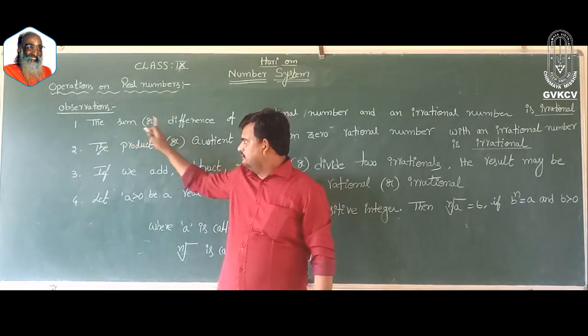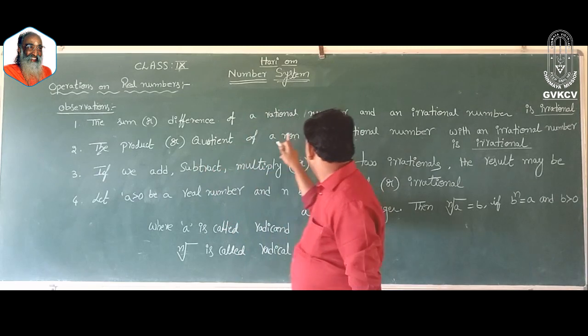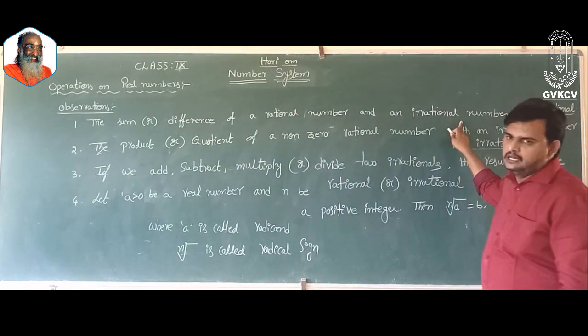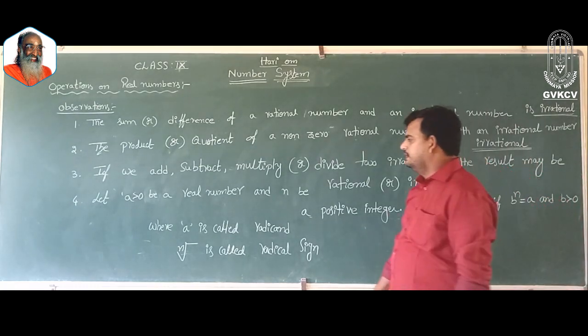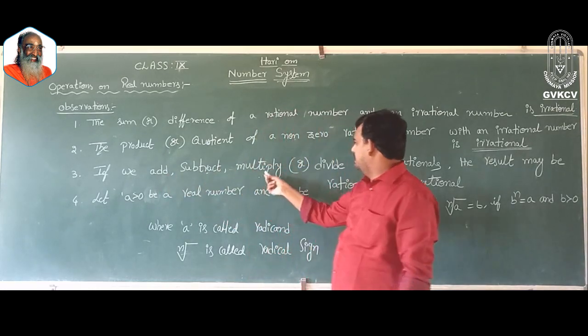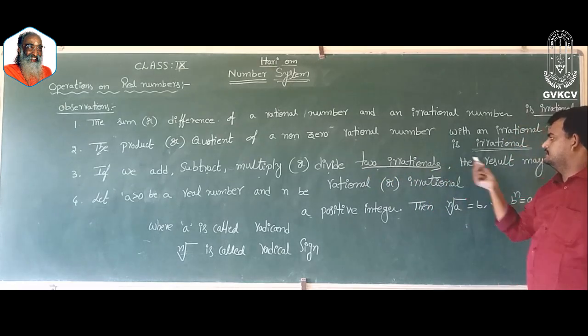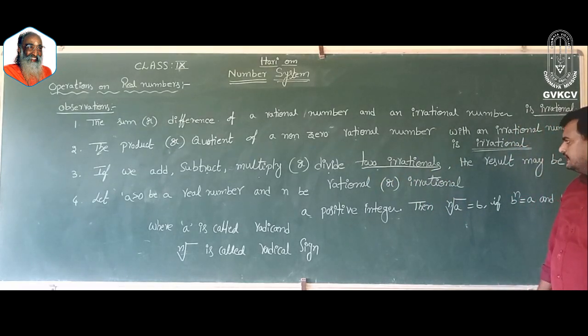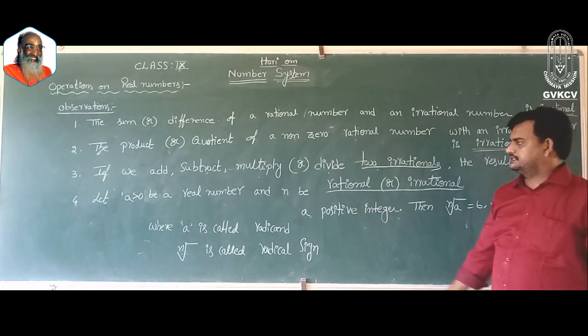While sum or difference or product or quotient between a rational number and an irrational number, our answers are always irrational numbers. Next, if we add, subtract, multiply, divide 2 irrational numbers, the result may be rational or irrational.